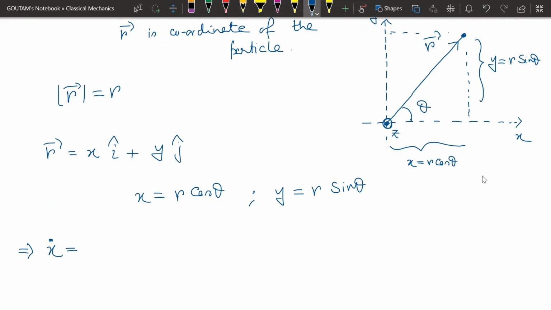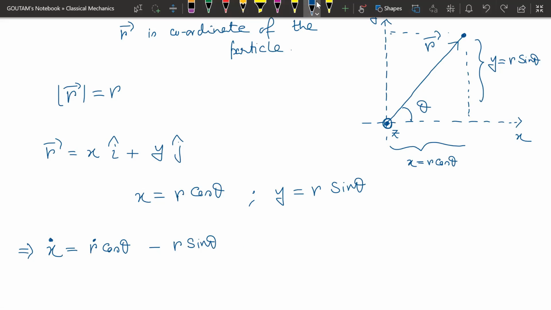So the time derivative of x, x dot, will be r dot cos theta plus r times the derivative of cos theta, which is minus sine theta, d theta dt, that is theta dot.